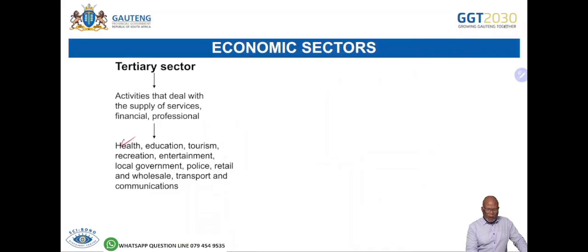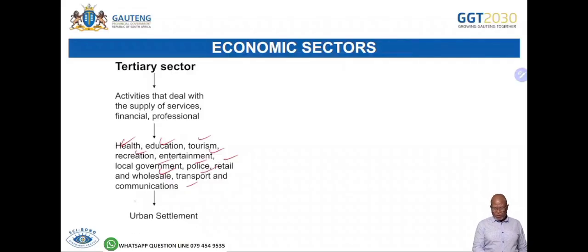So you have your health, you have education, tourism, recreation, entertainment, local government, police services, retail services, wholesale services, transport and communication. All these are regarded as services. So they fall under tertiary sector.